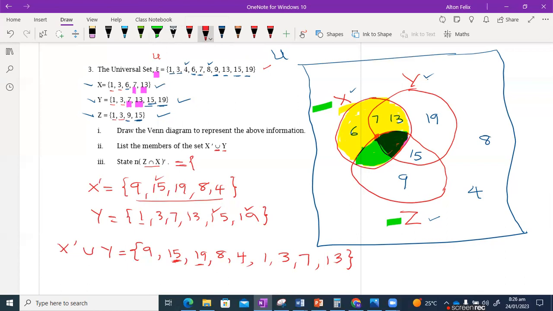This will be the set consisting of the numbers, in any order, 6, 7, 13, 19, 15, then we have 8, 4, 9. And we can close it right there. Okay, so that will be your answer for part 3.